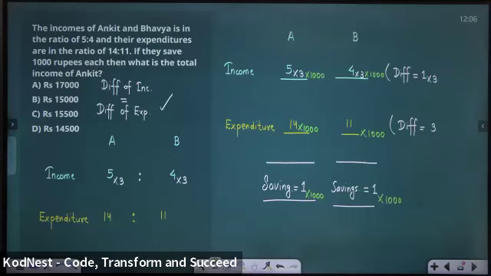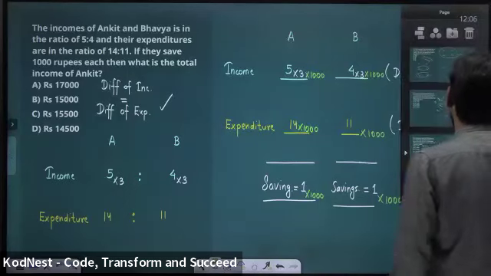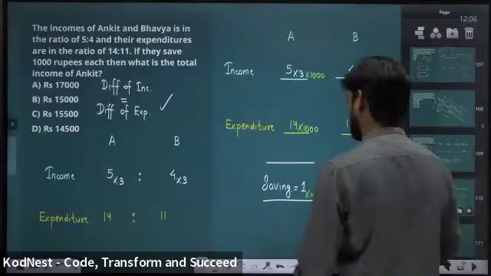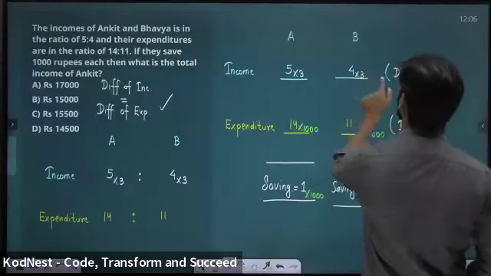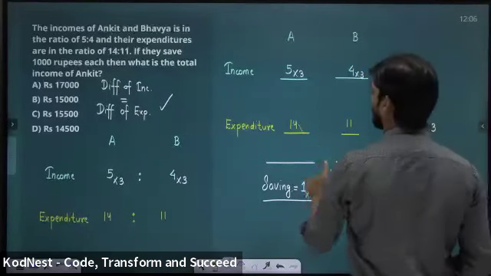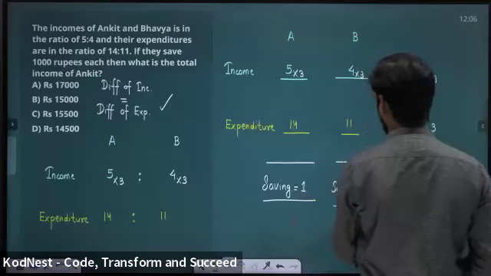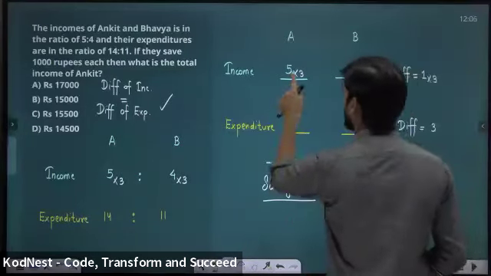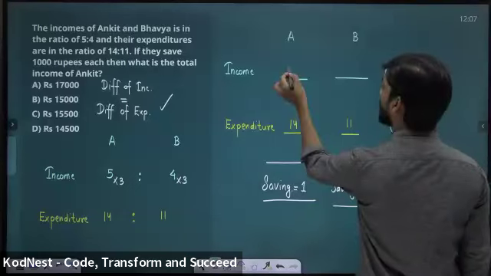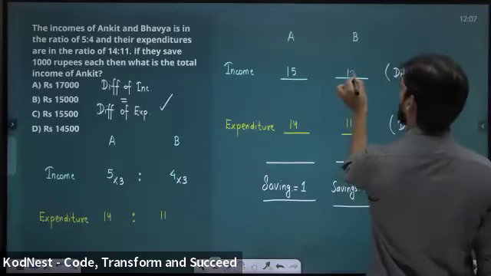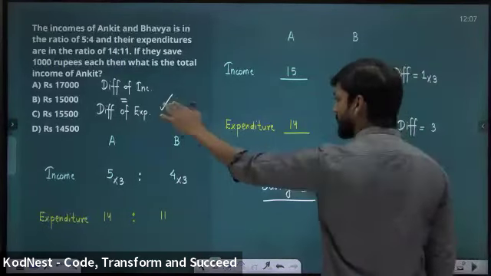Even if you take a variable, then also the same thing. Five, 3, 15, 4, 3, 12. All right. Once the condition is satisfied, you can take a variable.